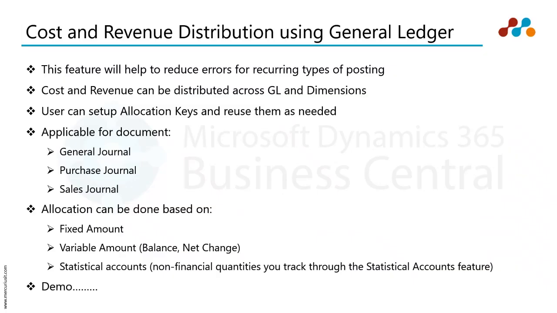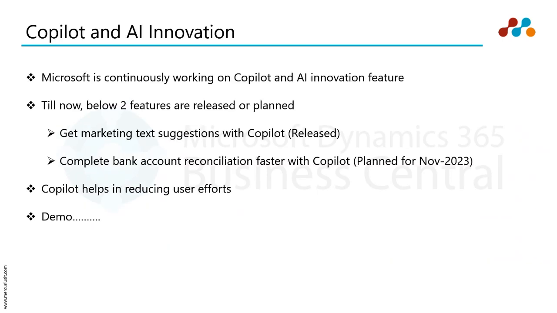Okay, so that was about allocation. Now, one of the interesting topics, that is Copilot and AI innovations. Microsoft has recently started introducing Copilot and AI innovation features in Business Central. In the last release, Microsoft released a marketing text suggestion Copilot feature.